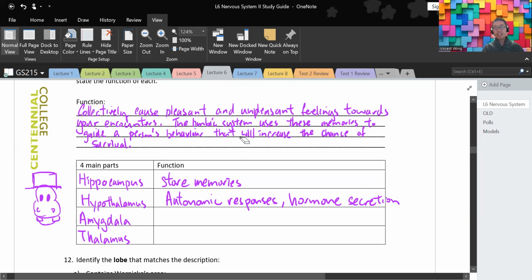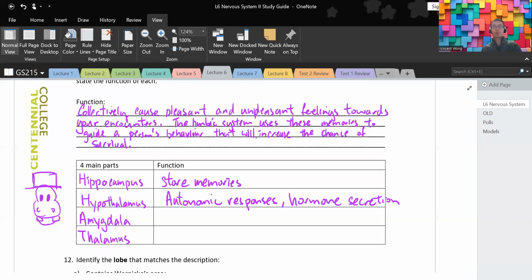Some of the feelings that you have are often charged with the presence of hormones. Certain encounters are more memorable if you have certain hormones circulating in your system. So things that are exciting, things that have significant meaning are more likely to be remembered.